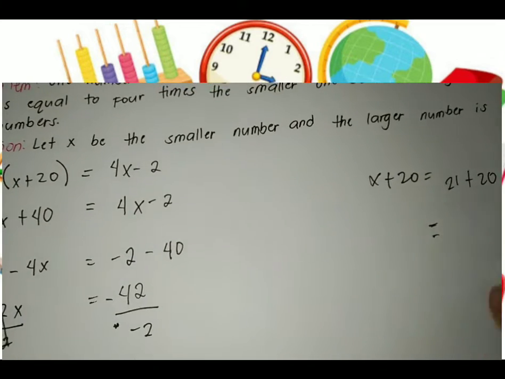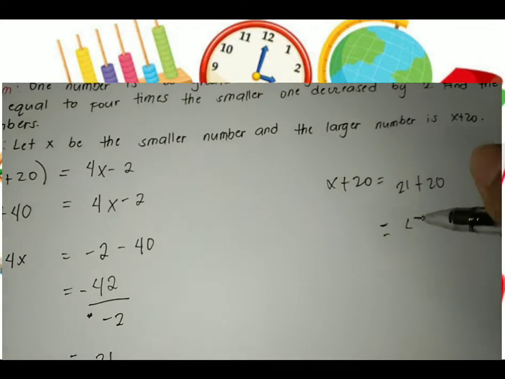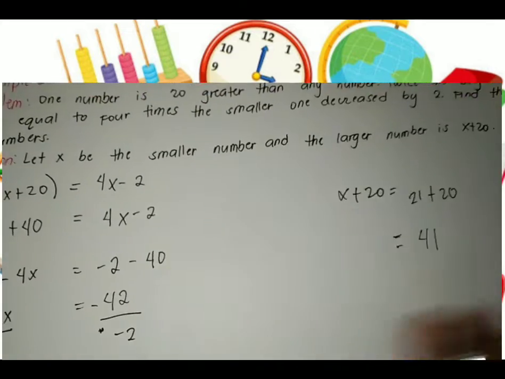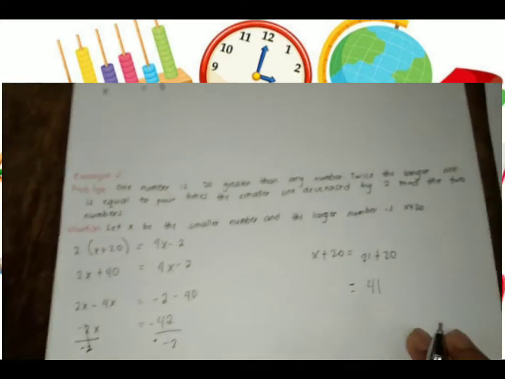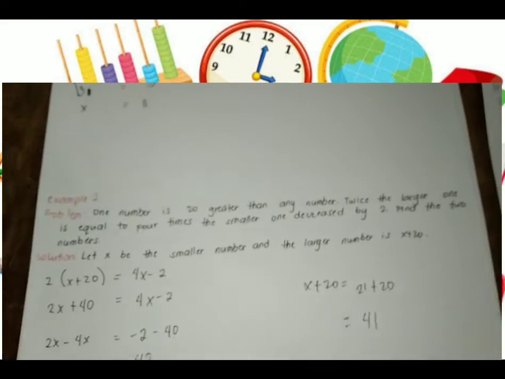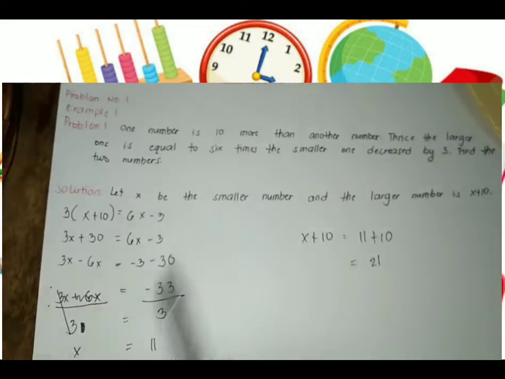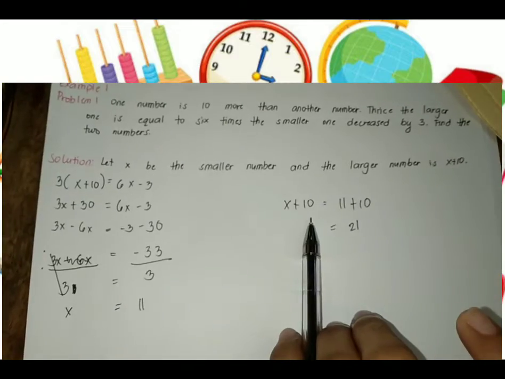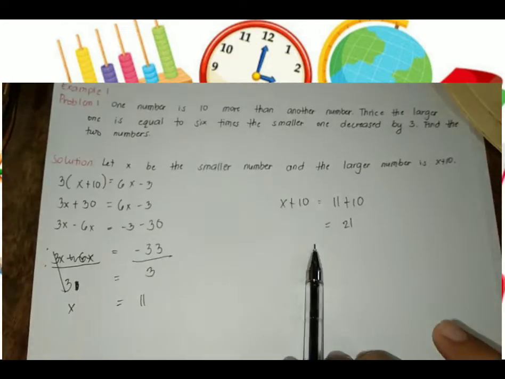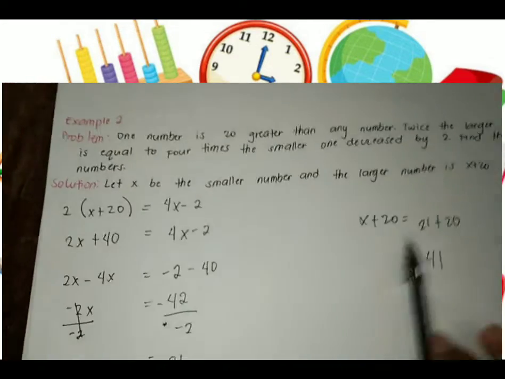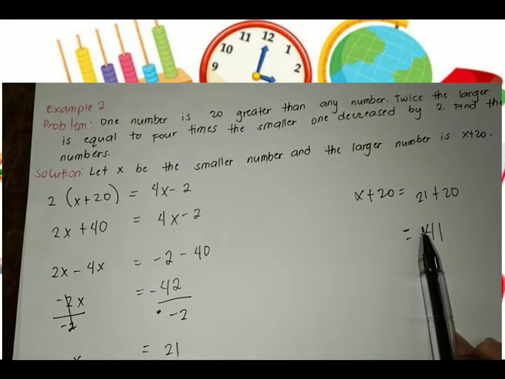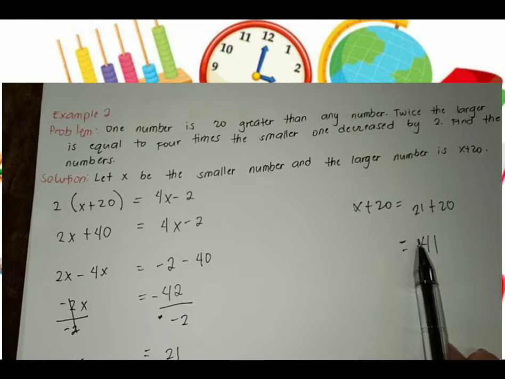So 21 plus 20 is equal to 41. So this is the way on how to solve the first problem in our mathematical translation. Okay, so this is the answer in our example number 1, problem number 1, and this is our answer in our example number 2.